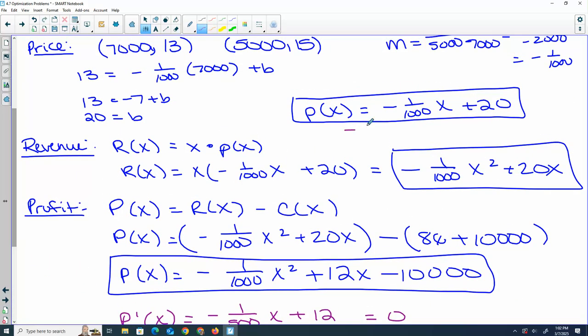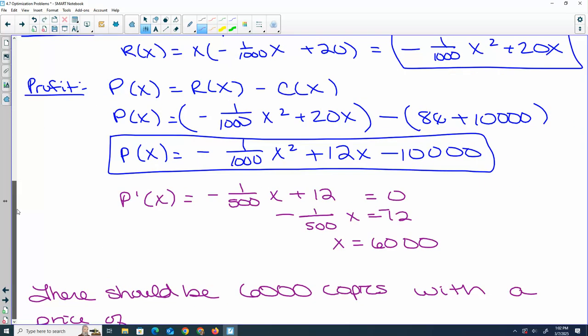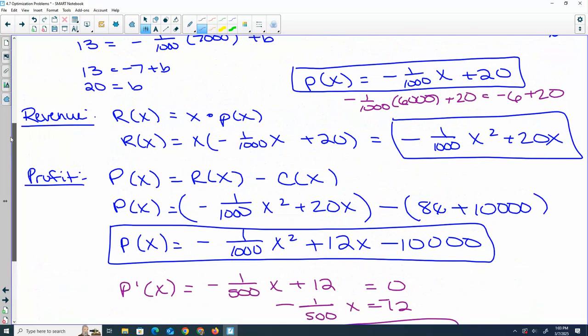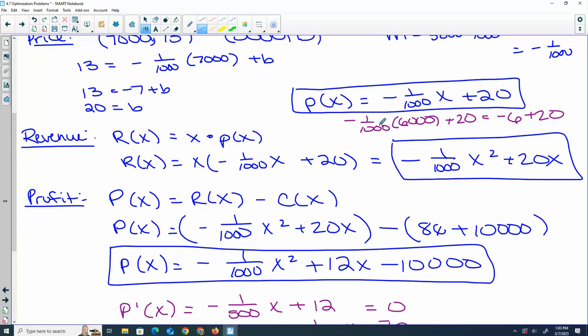So if I come back to my price, negative 6 plus 20 is 14. So our price is $14. I took the x value we got and I plugged that x into our price function.